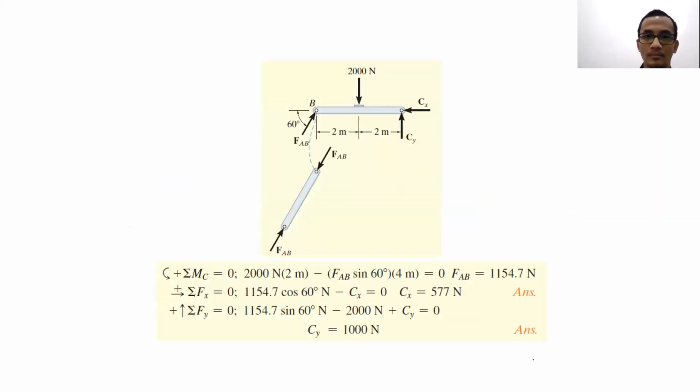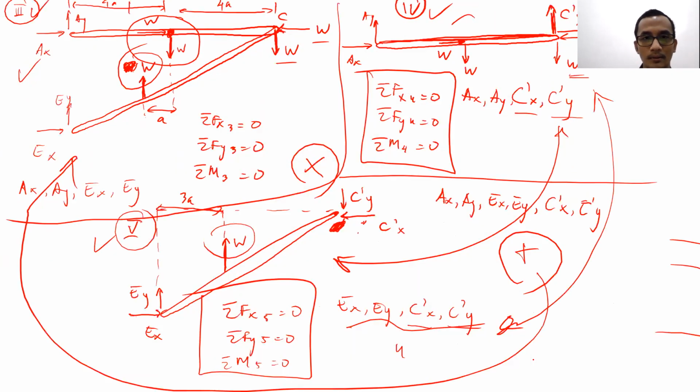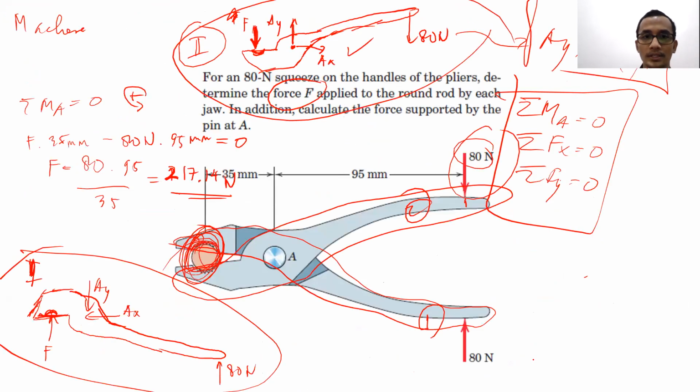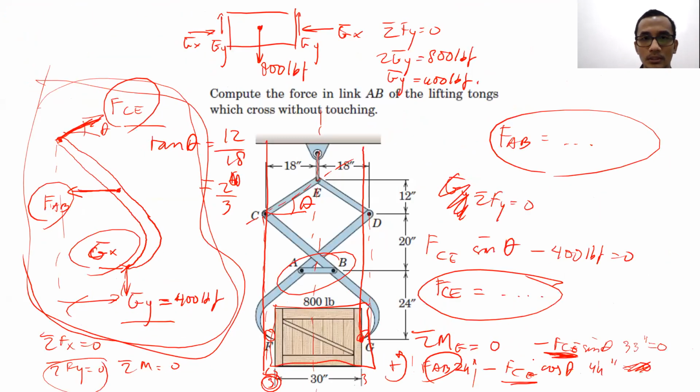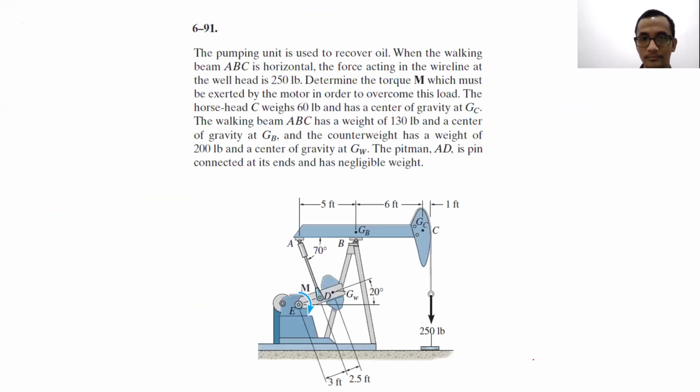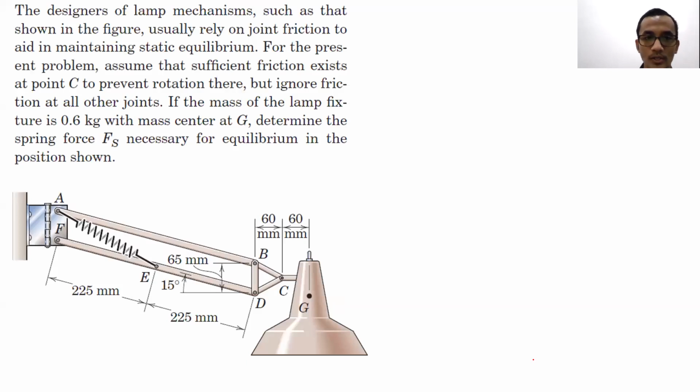Some of the problems there I already discussed before. This is part of the machine that we already discussed. There are a lot of problems which I already discussed previously related to frame and machine, and some problems I put in your homework as well.